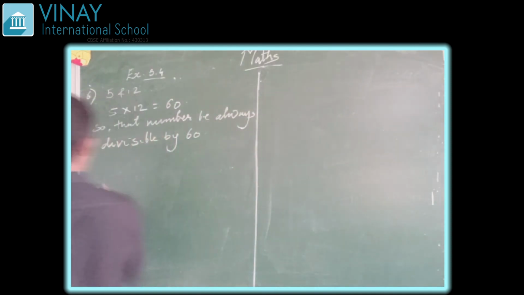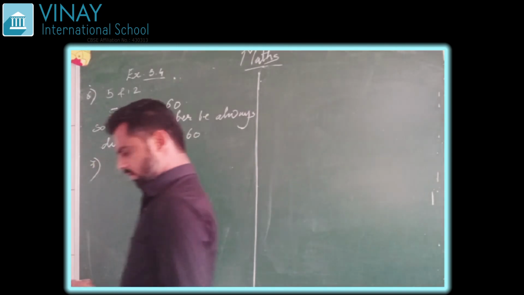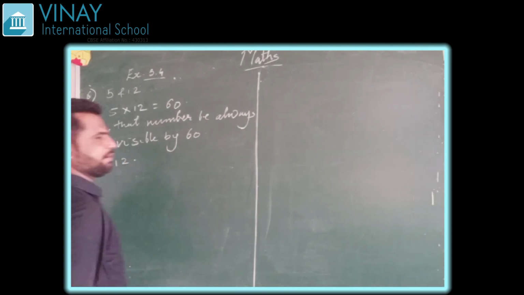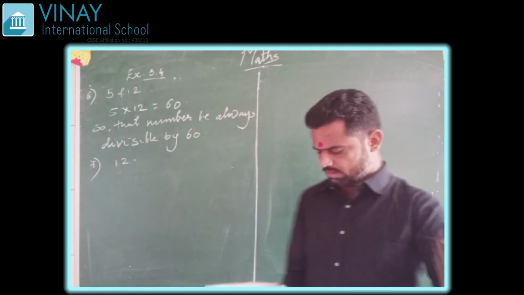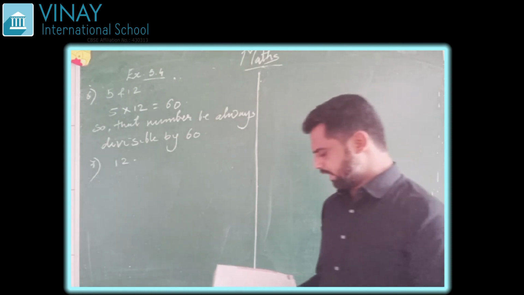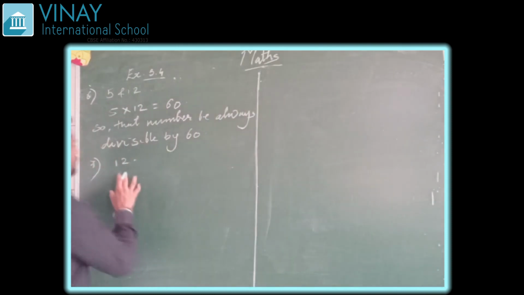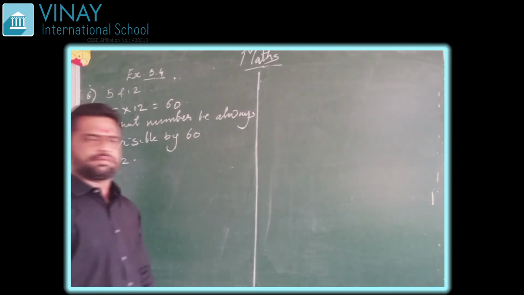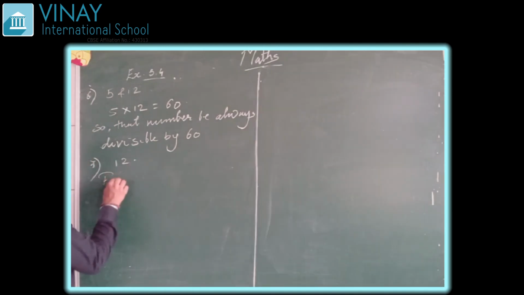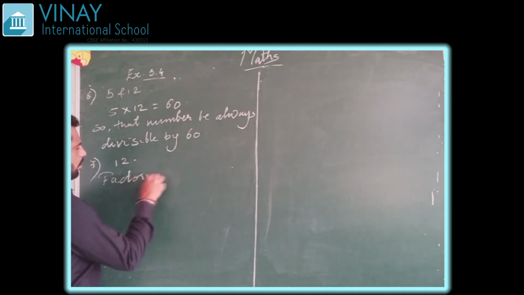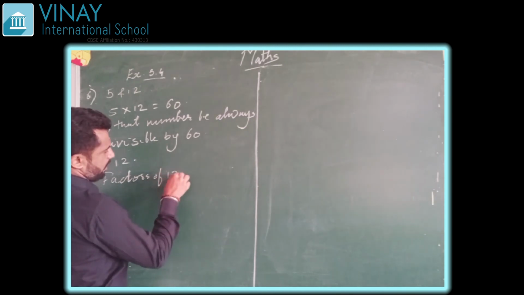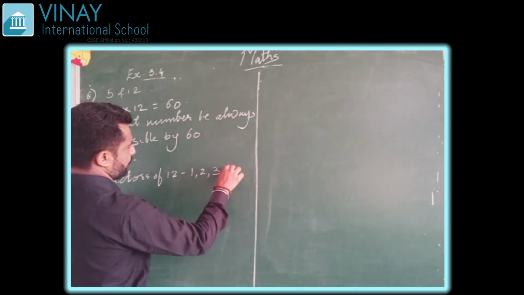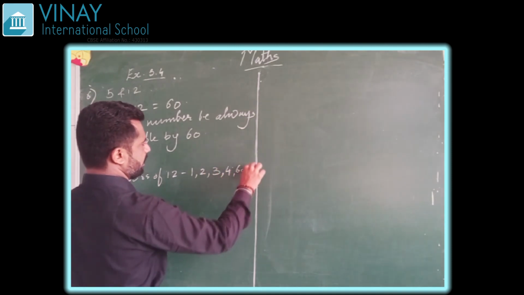Now see question number 7. A number is divisible by 12. By what other numbers will the number be divisible? To find that, we need to find the factors of 12, which are 1, 2, 3, 4, 6 and 12.